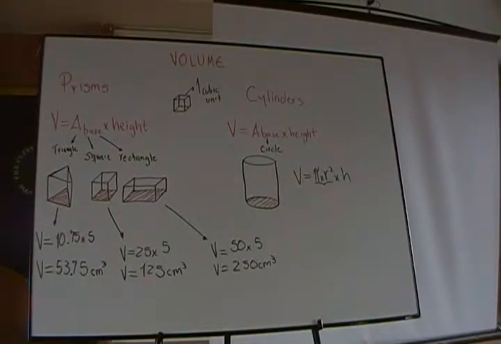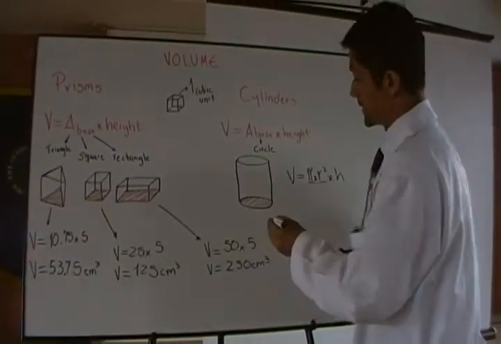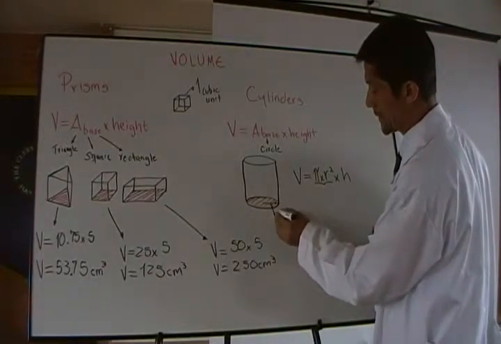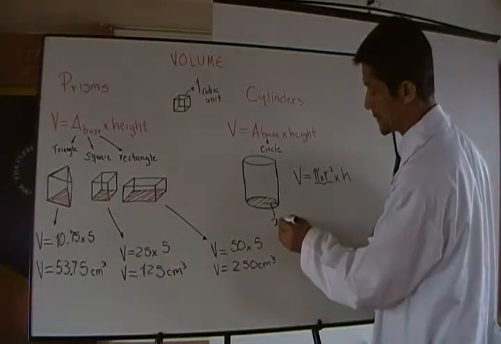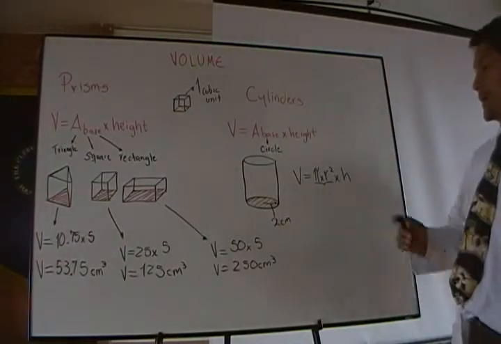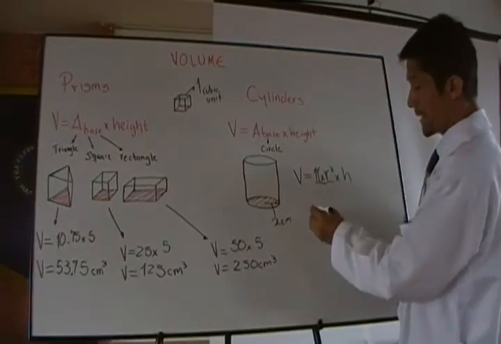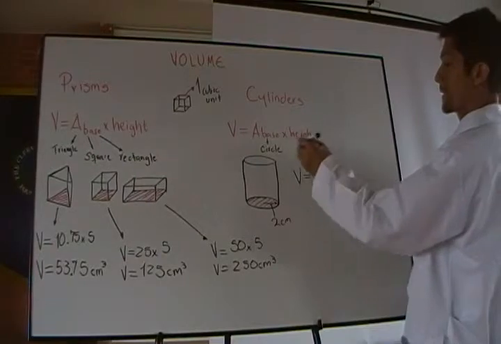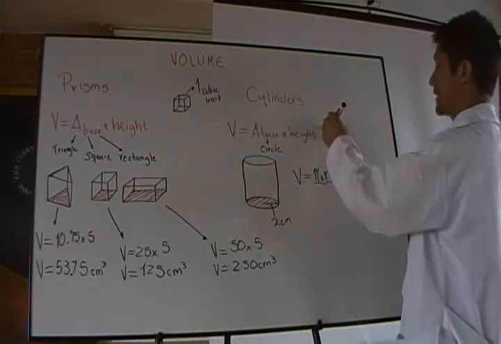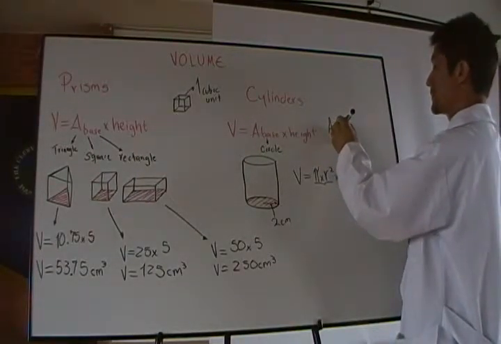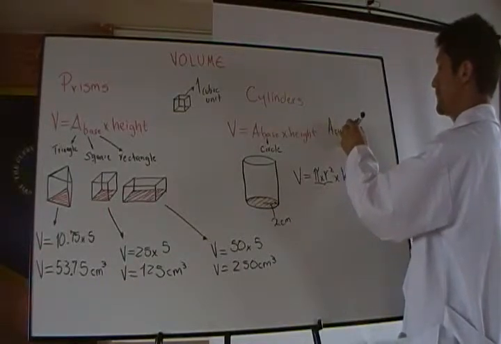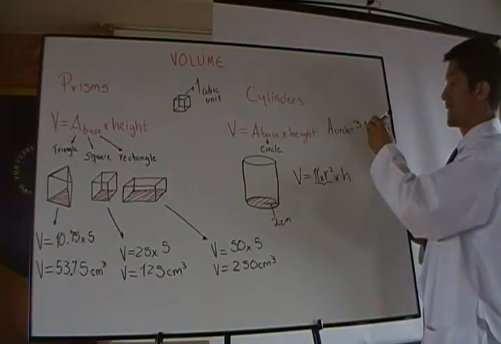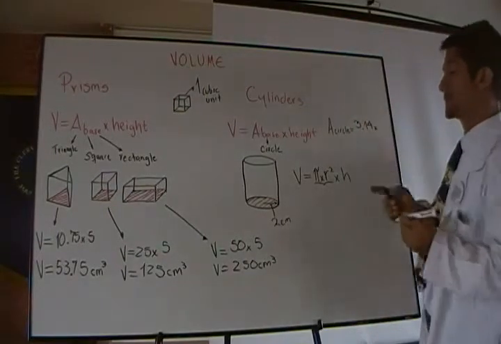So if we, for example, suppose that the radius of the base is 2 centimeters, I can find the area of the base. The area of the base is basically a circle. I'm going to find the area of the circle, which is pi, 3.14, times radius squared.